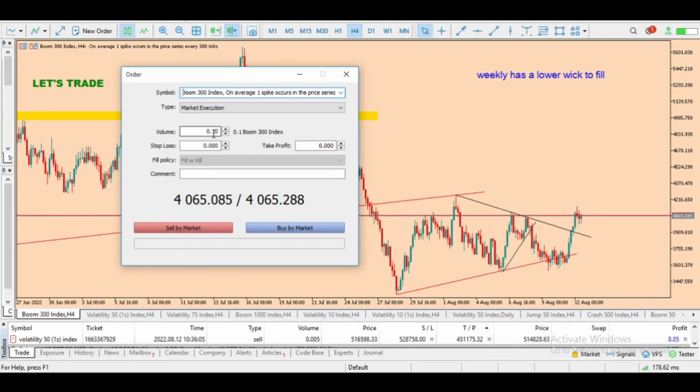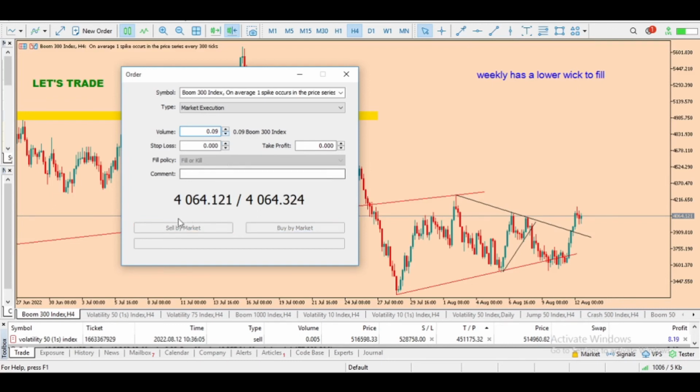First of all, if you've decided that you want to use a 0.01 lot size on this trade, all you need to do is add that one here like this. Are you getting it? Remember, the least lot size tradable with Boom 1000 from synthetic indices from Deriv is 0.01.